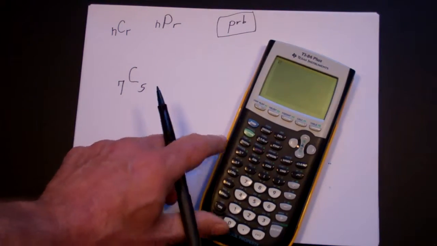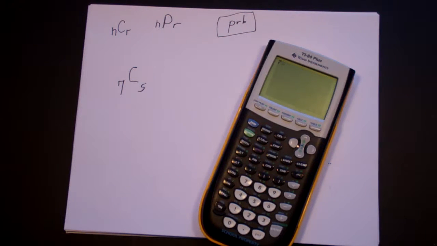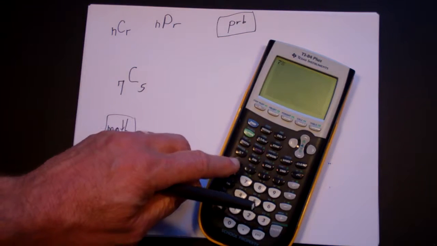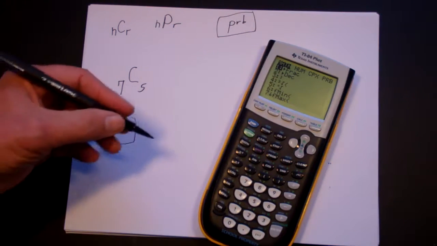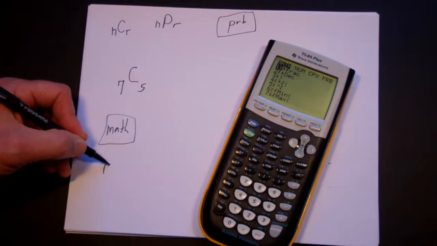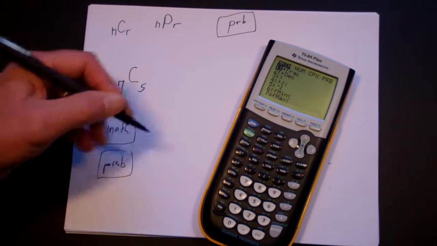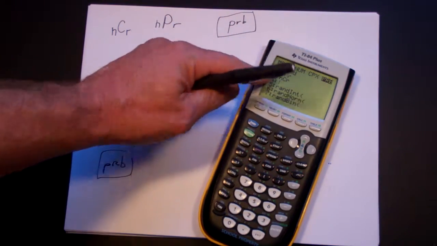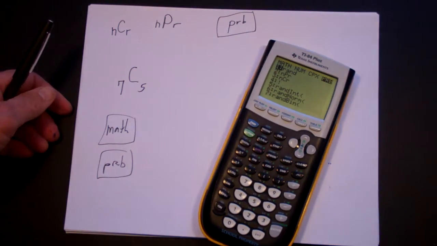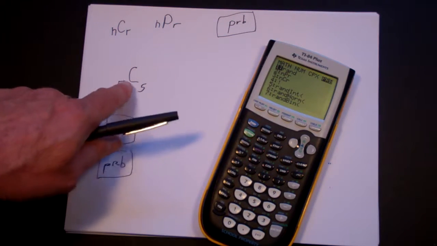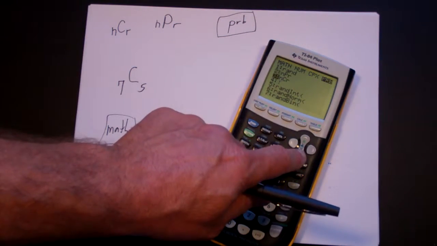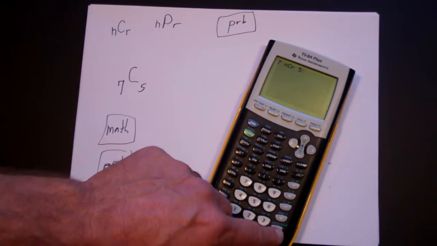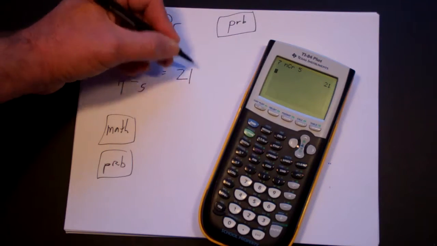First type in a 7, then hit the Math button. You have a menu, and you go over to PRB. There you have nPr or nCr, and you choose whichever one you want. In this case we want nCr, so you go down to nCr and push Enter, then push a 5, and it's 21.